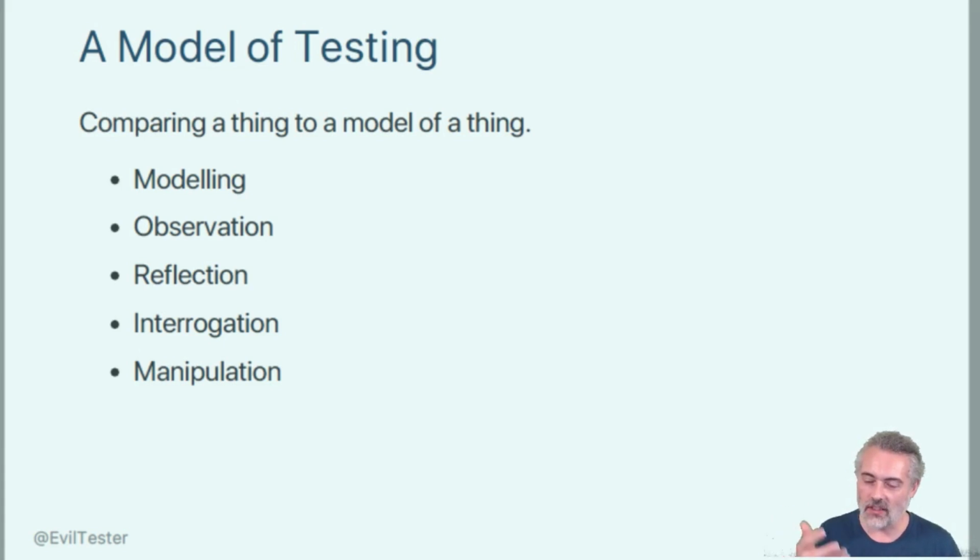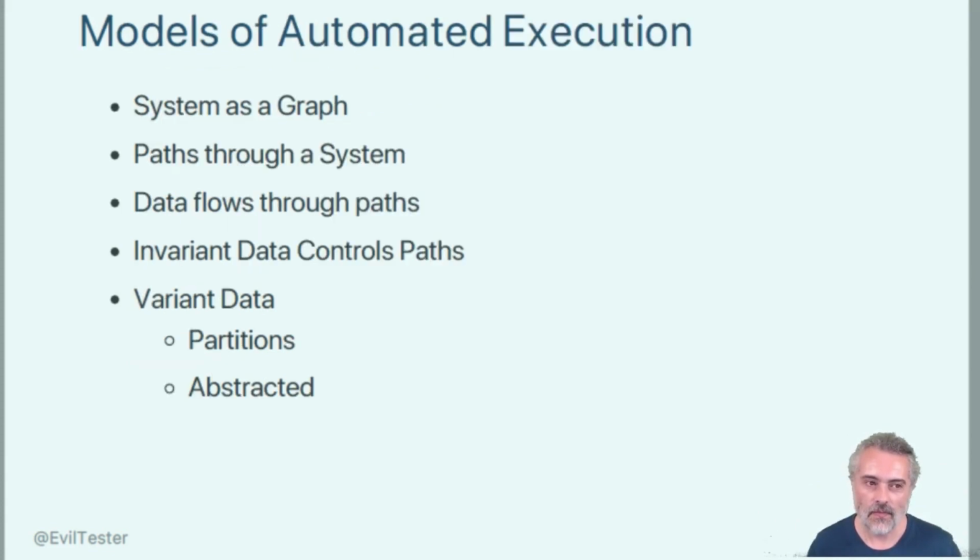So I'm not just watching things as they happen, I'm drilling in deep to check risks or issues, and having the ability to manipulate the system in multiple ways. Some of that manipulation is going to be through tools. Some of that manipulation is going to be automated. Some of the interrogation is going to be automated. But it depends on the skill sets that I'm bringing into play when I do this.